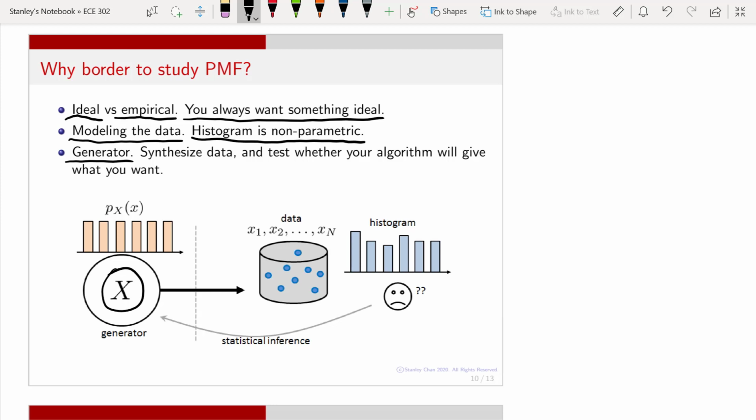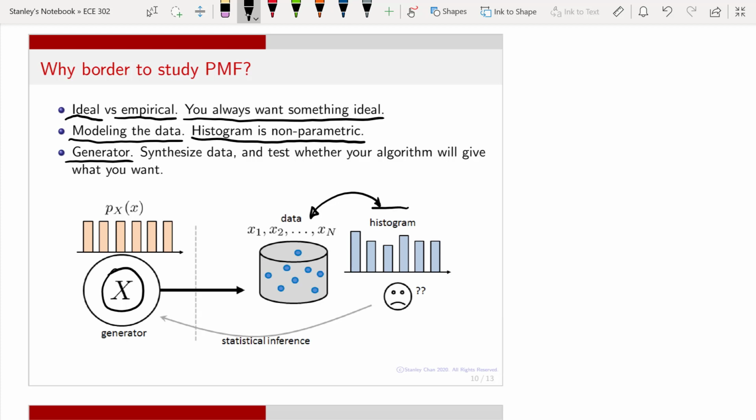And so that will give you a synthetic data set. And then based on this synthetic data set, you are going to do some kind of learning, and then you're going to make some inference. By inference, I mean learning the underlying model parameters, and then you want to see whether your model has been chosen correctly or wrongly. This data set can also be used to compare with the empirical histogram.